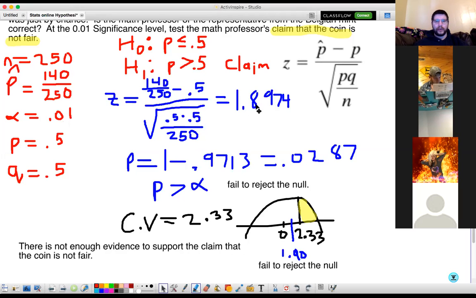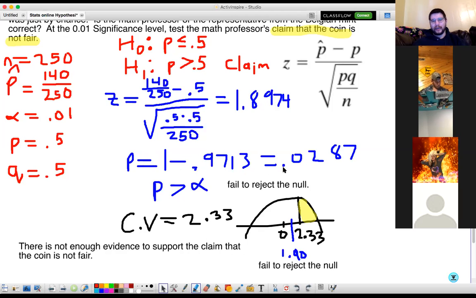We looked up the test statistic, 1.90. So we go to 1.90 right here. That gives us 0.9713. That's the area to the left of the test statistic, because this chart always gives us the area to the left. We, however, need the area to the right. So to get the area to the right, we do 1 minus that value.